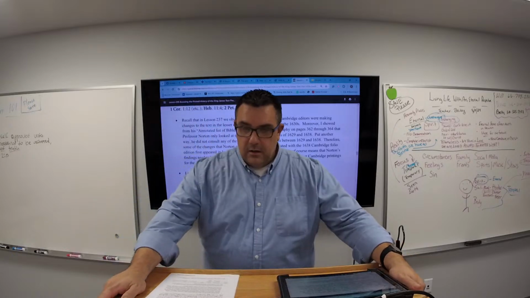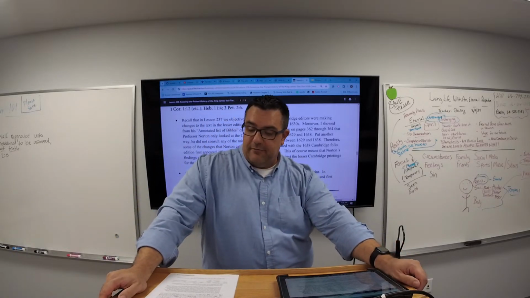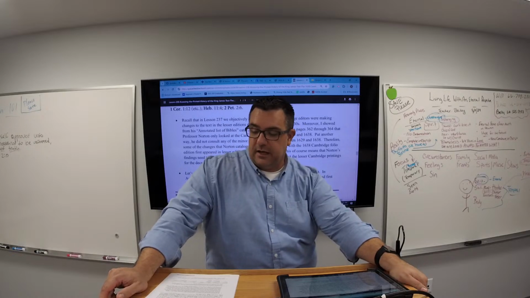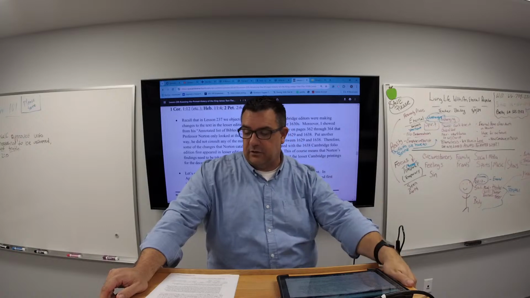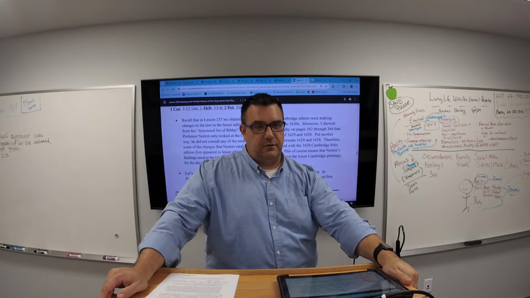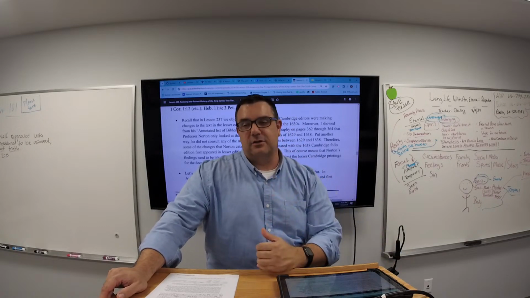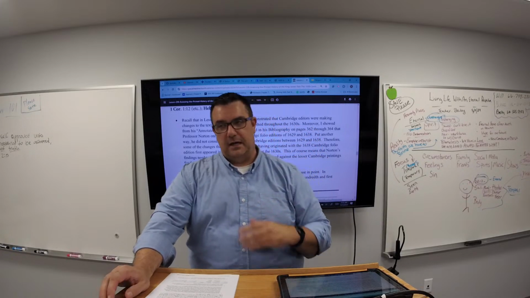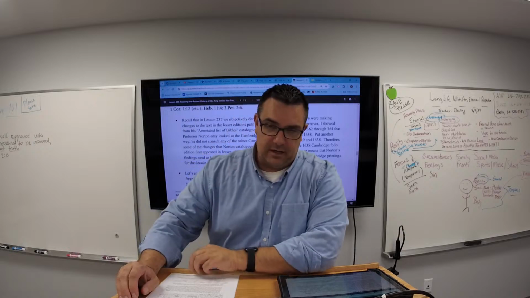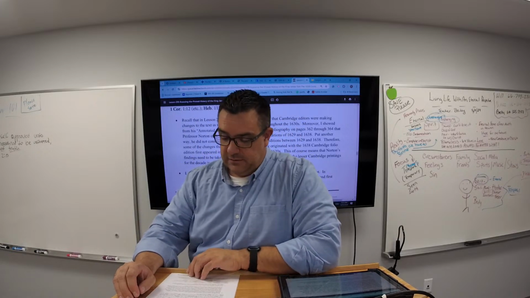So, recall that in lesson 237, we objectively demonstrated that Cambridge editors were making changes to the text in the lesser editions published throughout the 1630s. And what I mean by lesser editions is the smaller sizes, the quarto and the octavo sizes, and in some cases even the duodecimo sizes, okay?